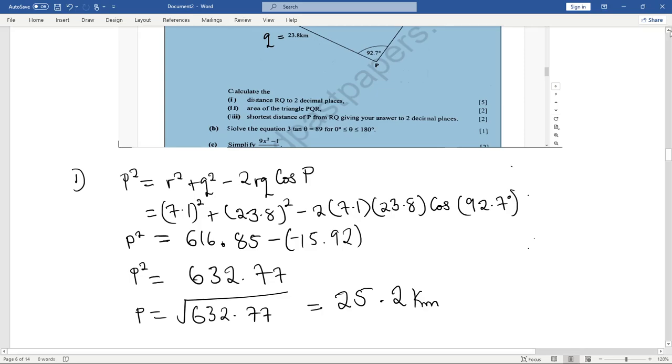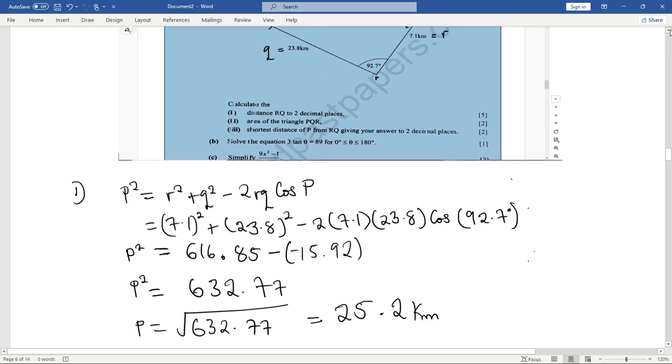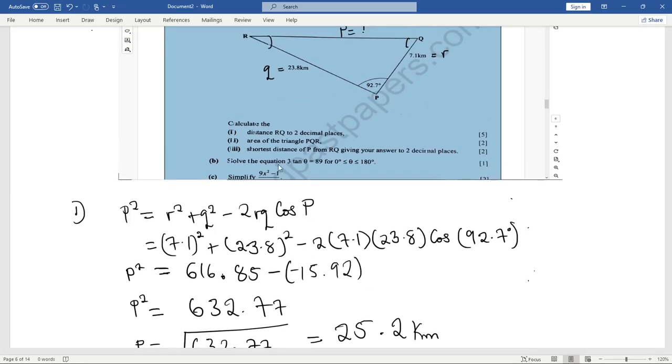So the value of p, or rather the distance RQ, is simply equal to 25.2 there.